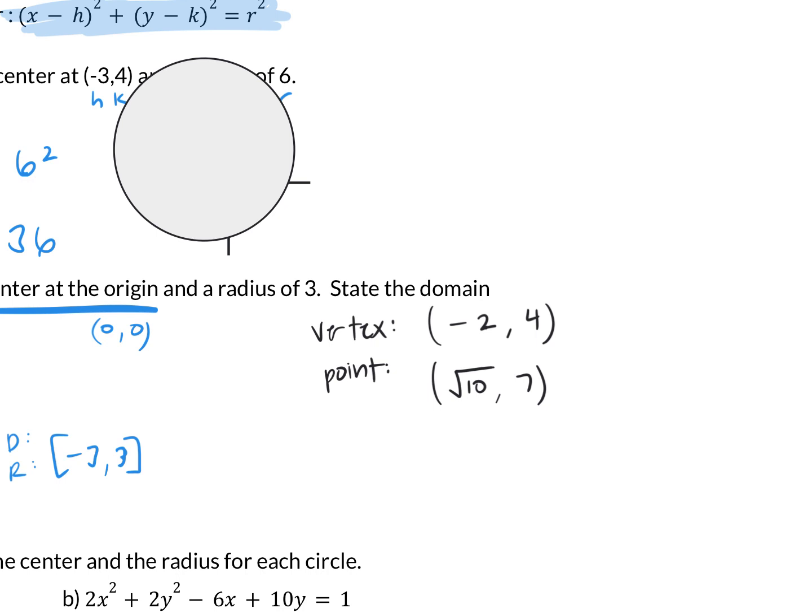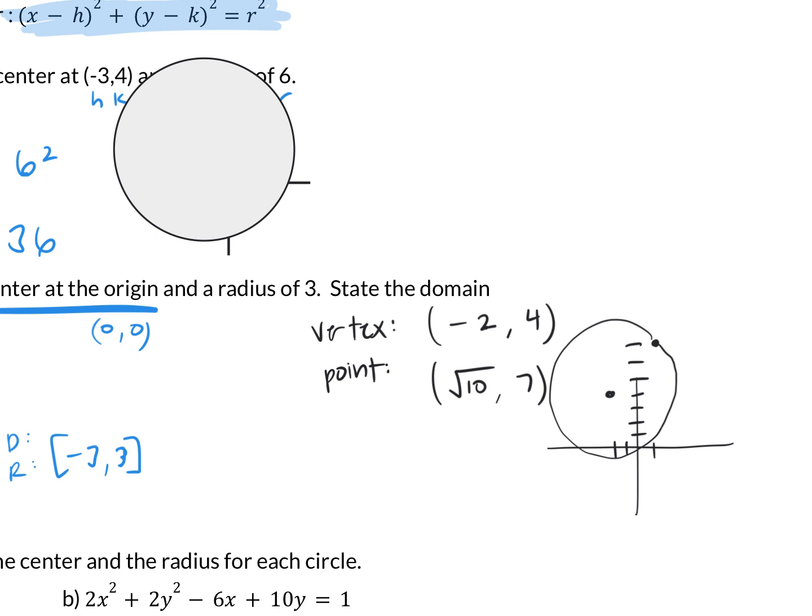Okay, if I think about sketching a picture of that, that's going through this -2, 4 point, and then the square root of 10, 7, something like this. So I know that my circle would look something like that, where this distance right here is my radius, right?